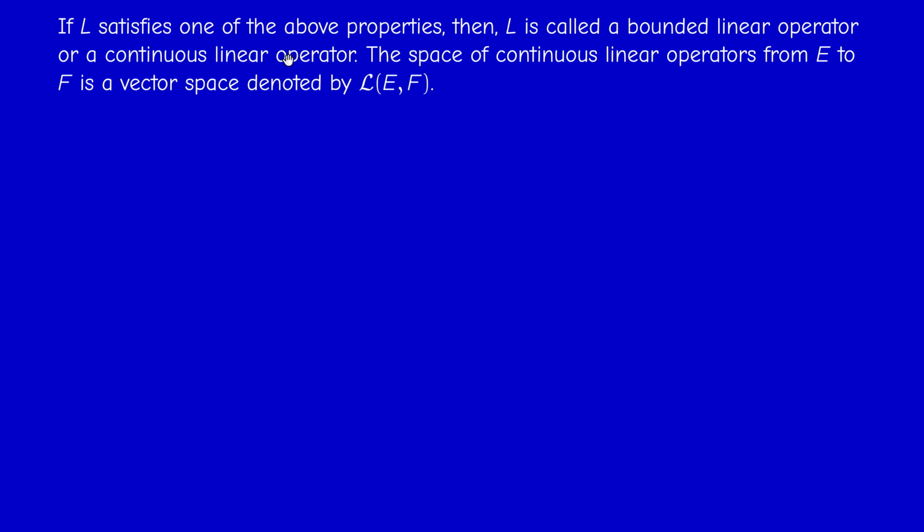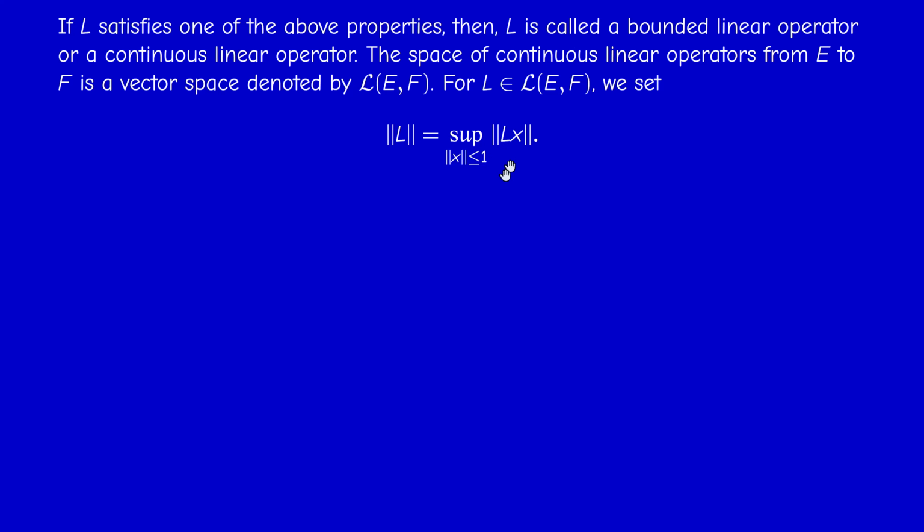So we get a vector space that is denoted by L of E and F, and sometimes by B of E and F, calligraphic B or calligraphic L, L for linear bounded and B for bounded as well. And now on this vector space, we can put a norm. It's called the operator norm. The norm of a bounded linear operator is by definition the supremum of the norm of Lx when x varies in the closed unit ball.